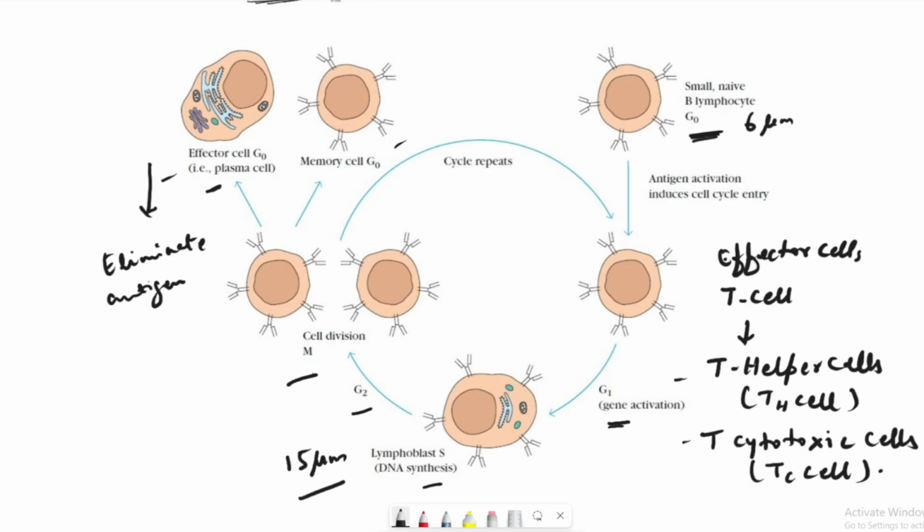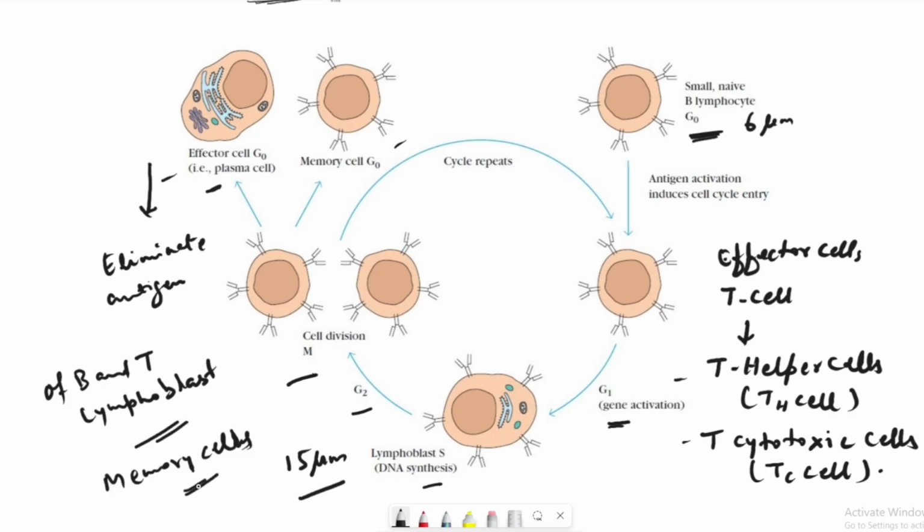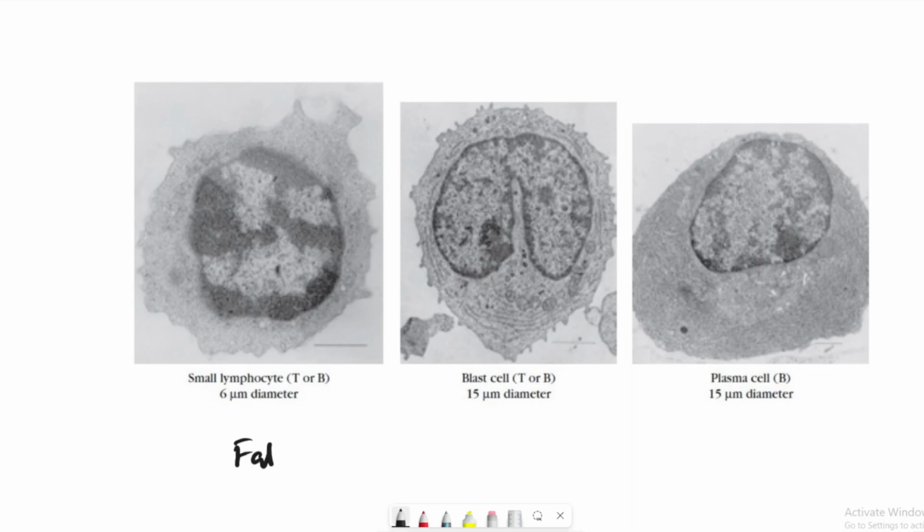Some of the progeny of B and T lymphoblasts differentiate into memory cells. The persistence of this population of cells is responsible for lifelong immunity to many pathogens. Memory cells look like small lymphocytes but can be distinguished from naive cells by the presence or absence of certain cell membrane molecules.